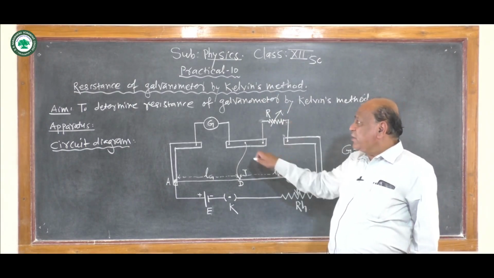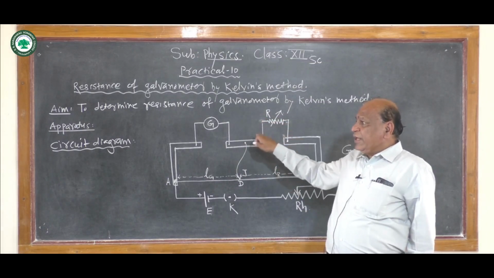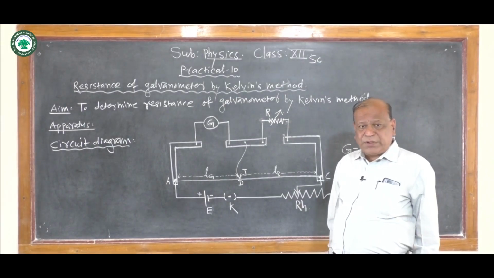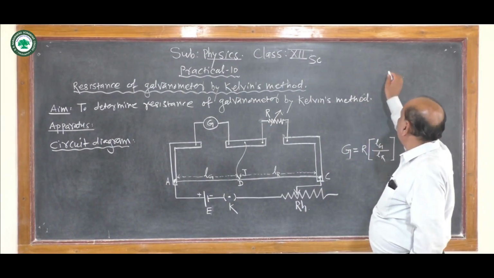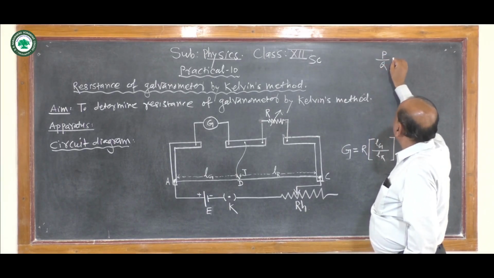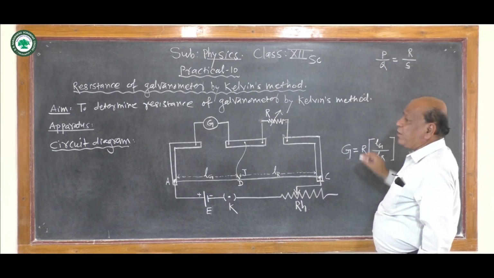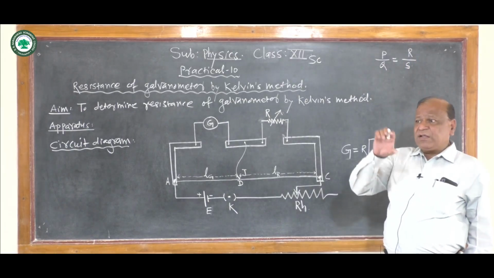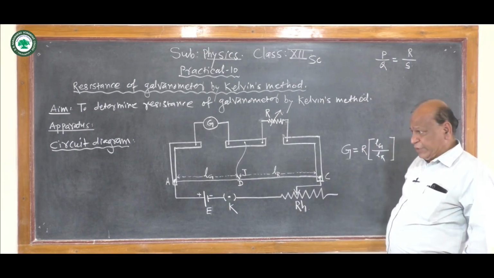Now this practical is concerned with your theory topic, current electricity. In that topic, we saw the balancing condition for Wheatstone's network, that is P divided by Q is equal to R divided by S. Here P, Q, R, S are the four resistors that form a Wheatstone's network or Wheatstone's bridge.